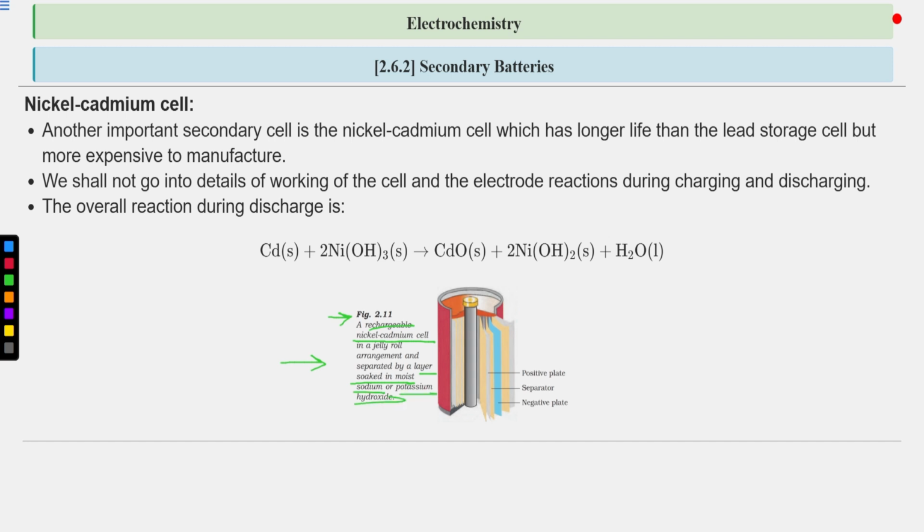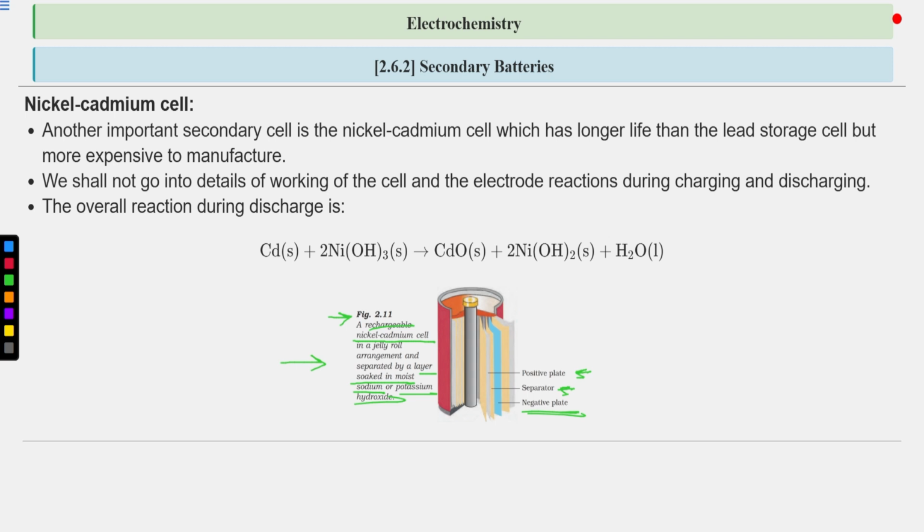As you can see, the silver one is the positive plate, the yellow one is a separator, and the blue one is a negative plate. So we have layers soaked in moist sodium or potassium hydroxide, and this is the structure of our rechargeable nickel cadmium cell.